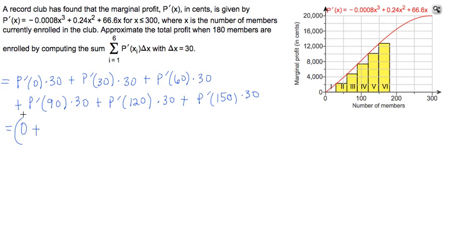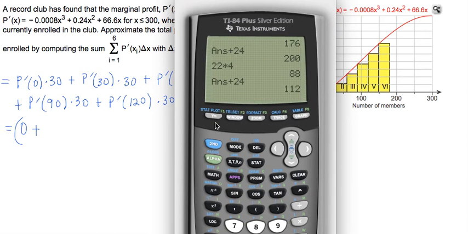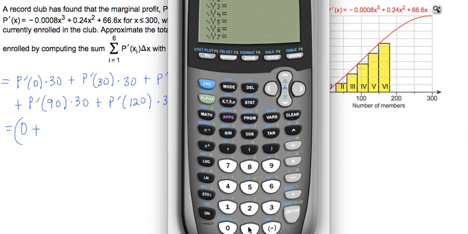So to compute P prime of all those numbers, we need to probably put P prime in the y equals. So I'm going to put y equals negative 0.0008 x cubed plus 0.24 x squared plus 66.6 times x.